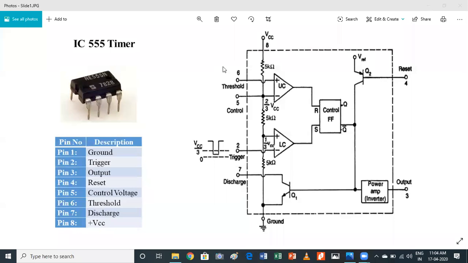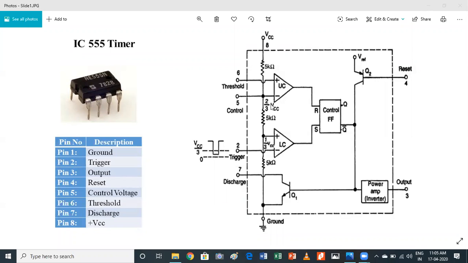So in the two comparators, one of the inputs is connected with the voltage divider. See here, this is the upper comparator. The inverting pin is connected with the 2/3 VCC, and the lower comparator's non-inverting terminal is connected with the 1/3 VCC.